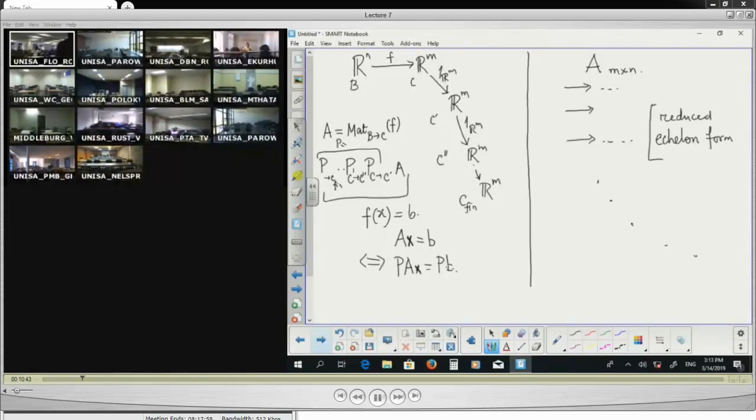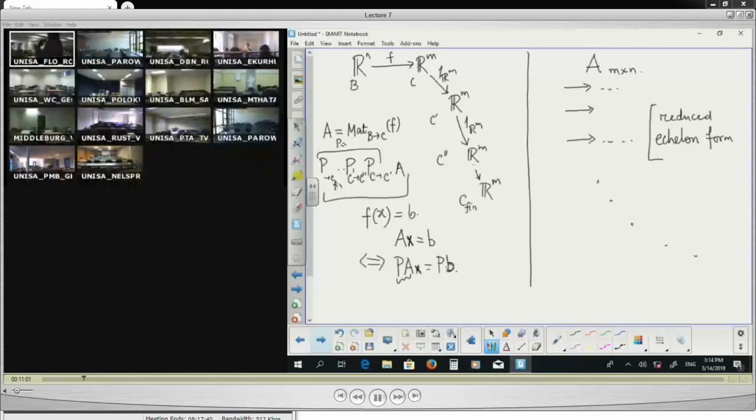And this being a very, very simple matrix, we will then see that we can immediately solve equations like this.